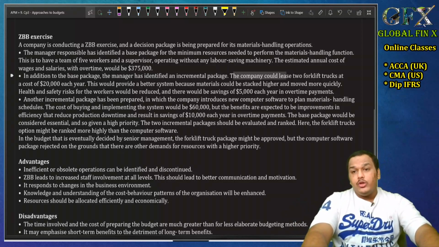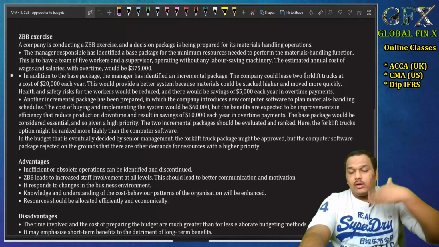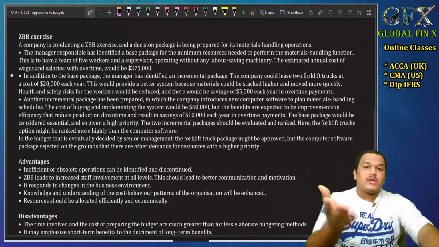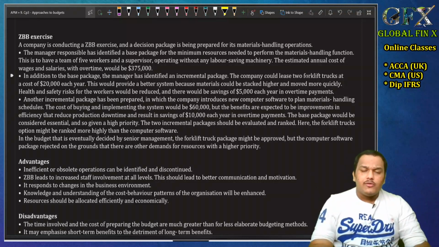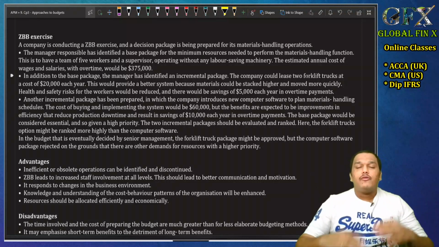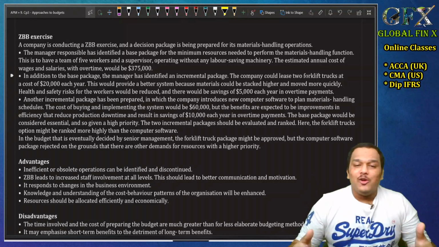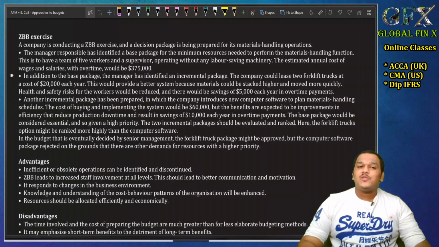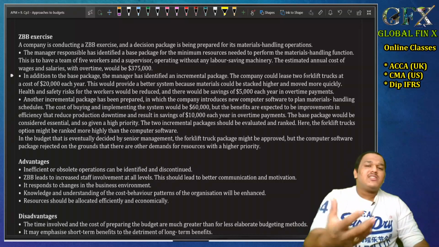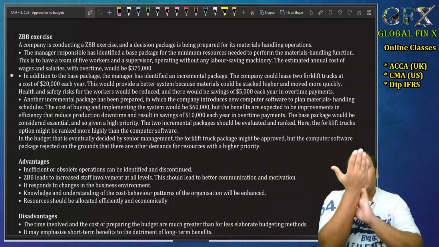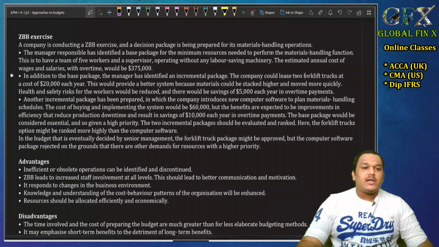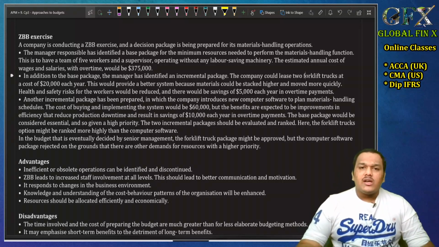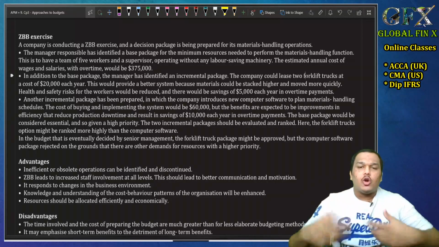The company could take on lease 2 forklift trucks. I don't know whether you guys know what a forklift truck is. I don't know whether you know that or not, but what it does is basically it has a fork like a fulcrum and it will lift the items. Like basically, have you ever operated a well where you need to draw water from the well?